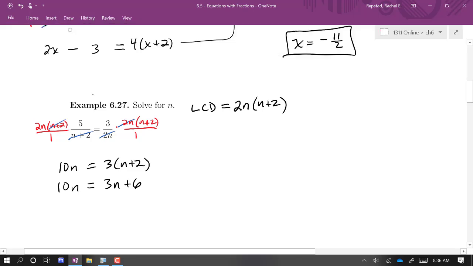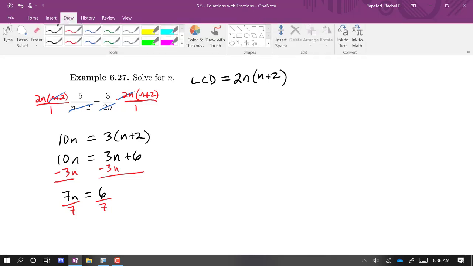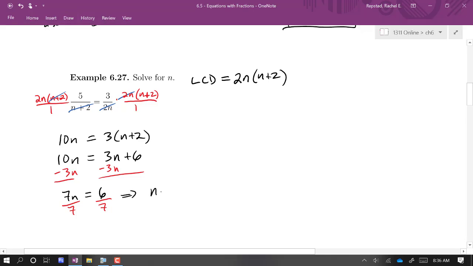We can subtract 3n from both sides. So now we've got 7n equals 6, and now it's all over but the shouting. And n is equal to 6/7.